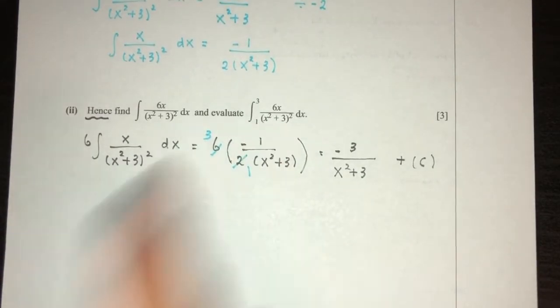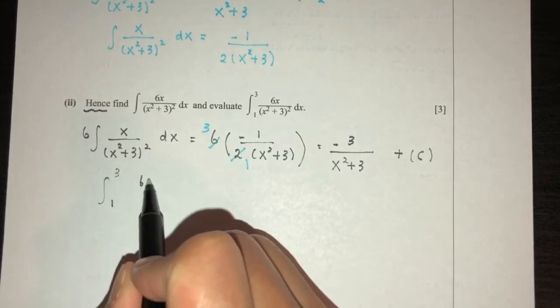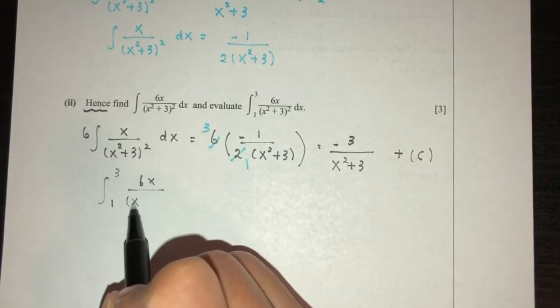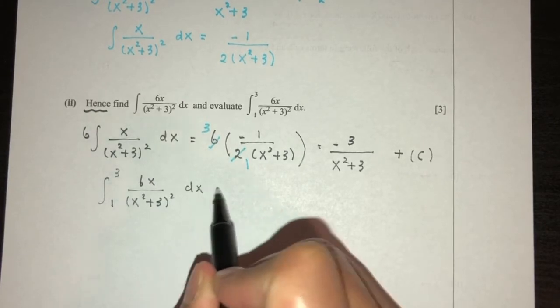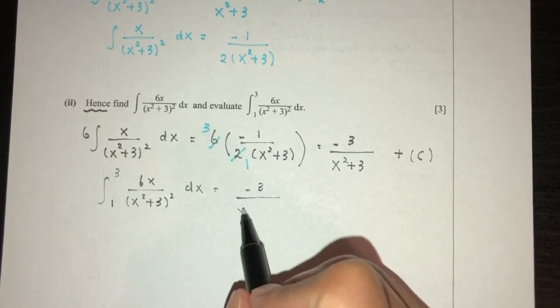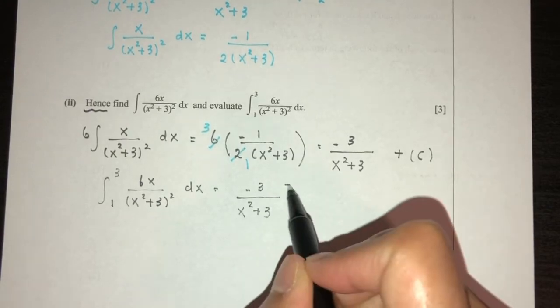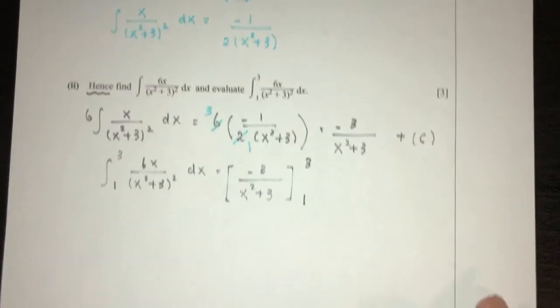Now we have to evaluate this one. You have to find the integral from 1 to 3 of 6x over x squared plus 3 squared dx. That will be minus 3 over x squared plus 3 between the limits of 3 and 1. So simplify.